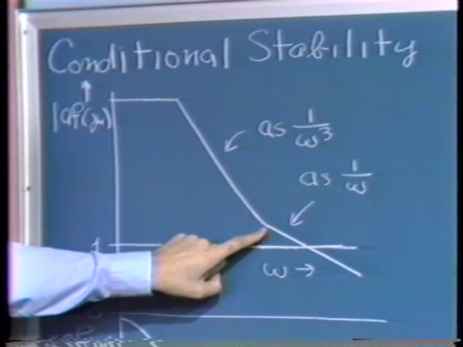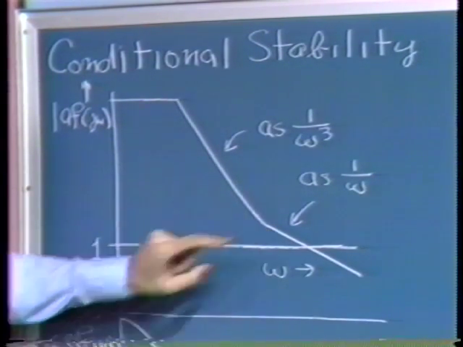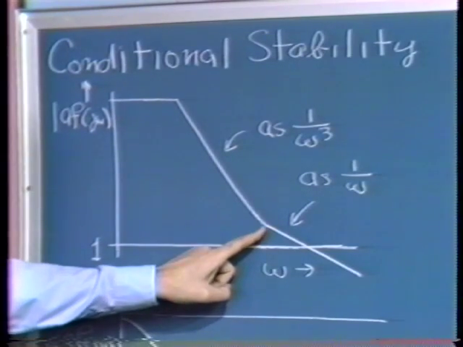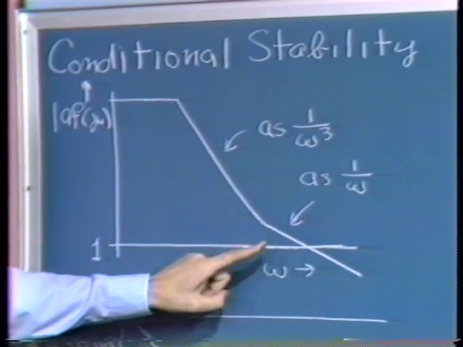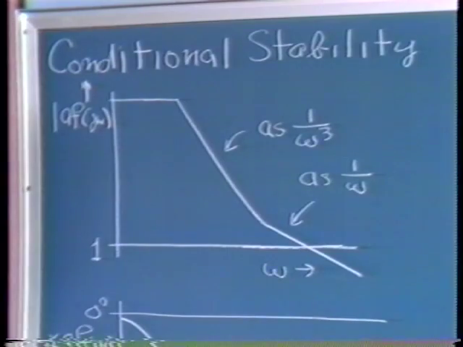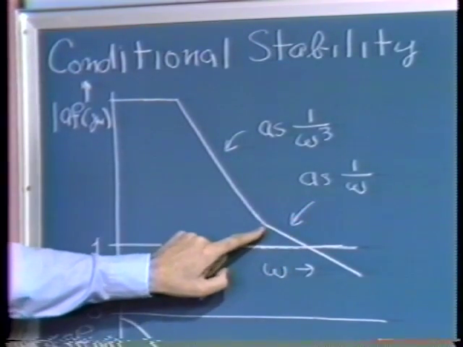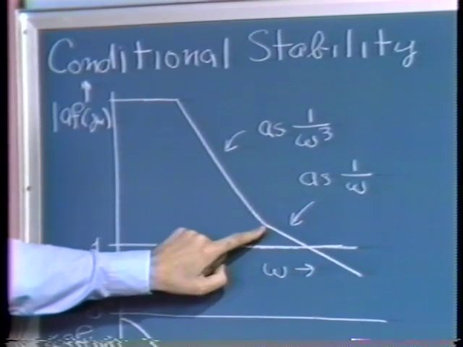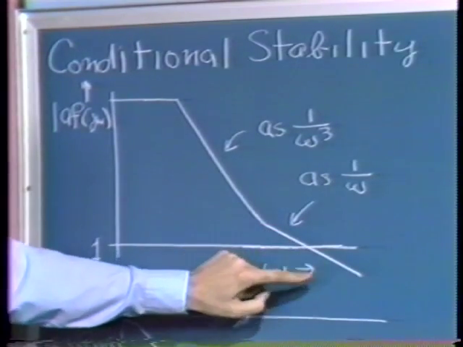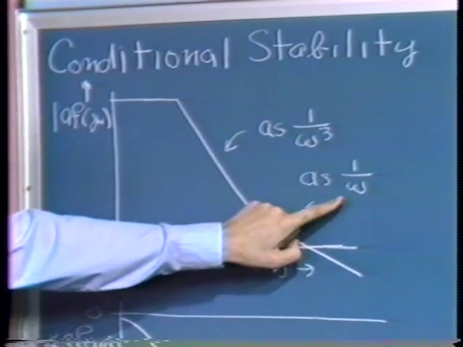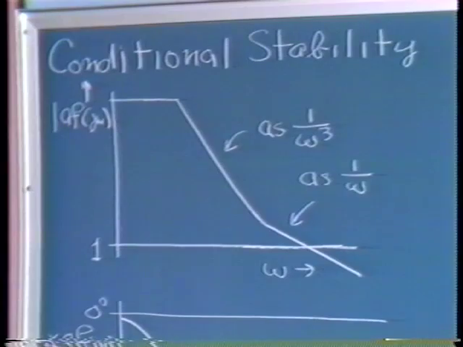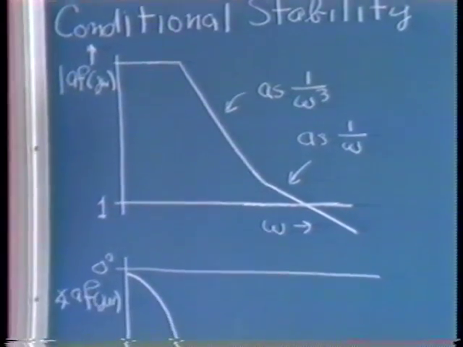Then let's assume there are 2 additional zeros associated with the loop transmission, located at frequencies below the crossover frequency. Consequently, in the vicinity of crossover, the magnitude portion of the loop transmission will roll off as 1 over omega.